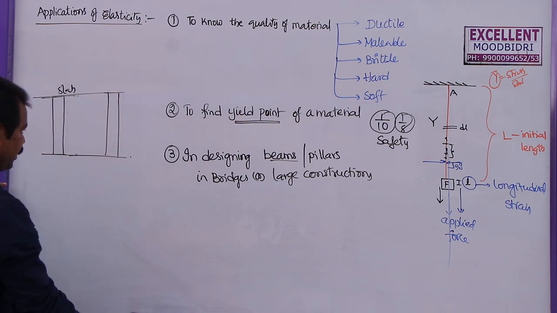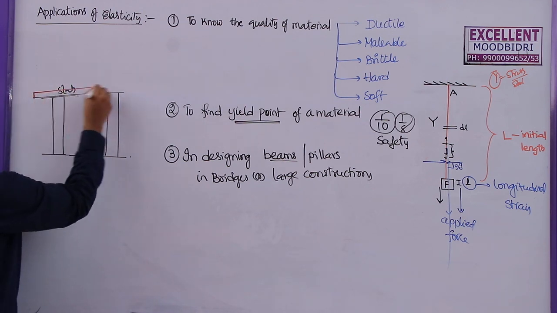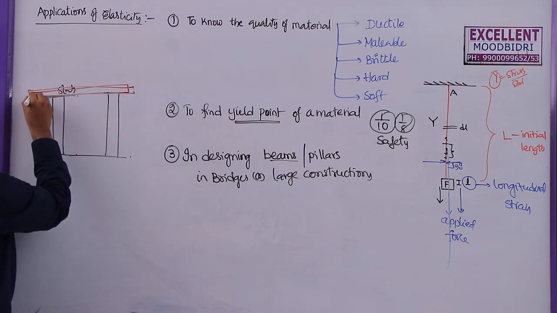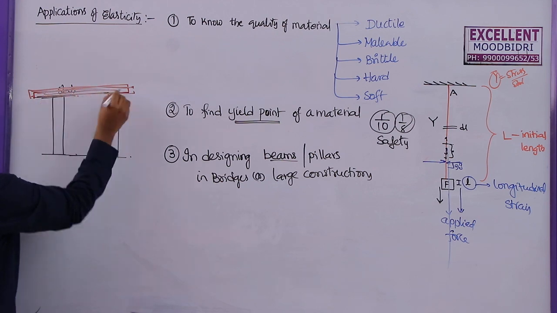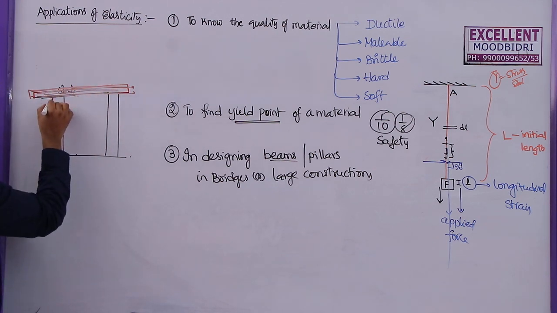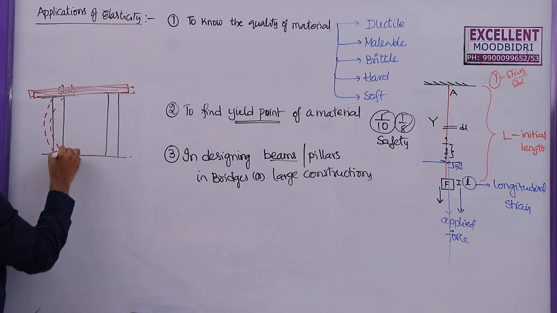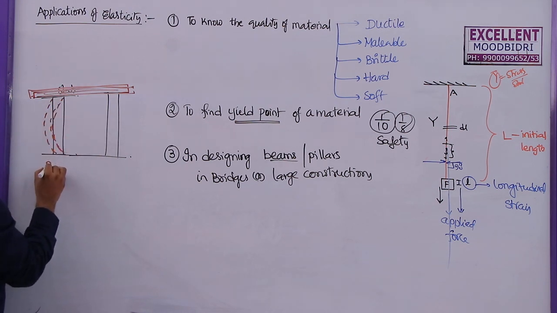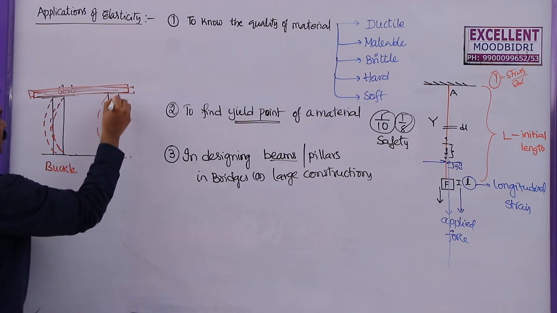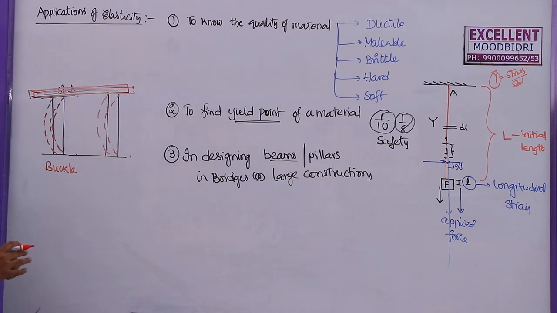Now, here what happens, due to the load on this slab, let us say this is a bridge, due to the continuous load, these pillars may buckle like this. Buckling may take place. They may buckle at the center and bend like this. Now, how to reduce this buckling?